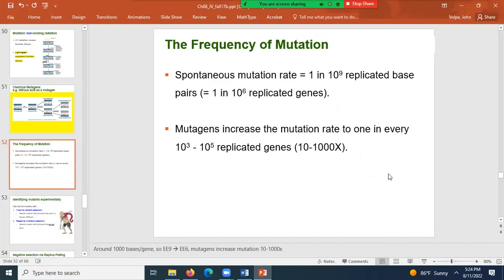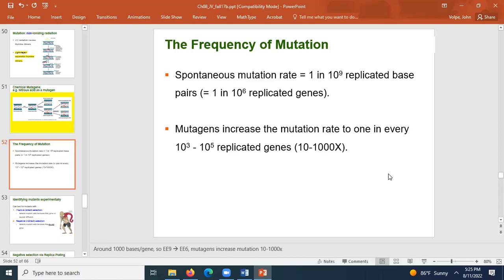Here we're talking about the frequency of mutation. As I stated, the spontaneous mutation rate is 1 base added in a mistake for every 10 to the 9th replicated bases, meaning in a billion bases that are replicated, on average, 1 of those bases will be replicated incorrectly, causing a spontaneous mutation.